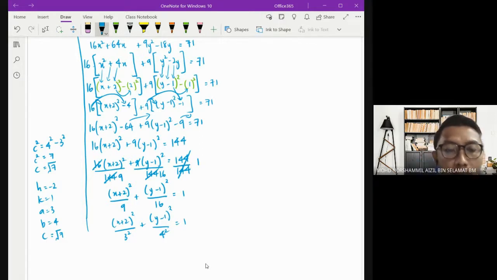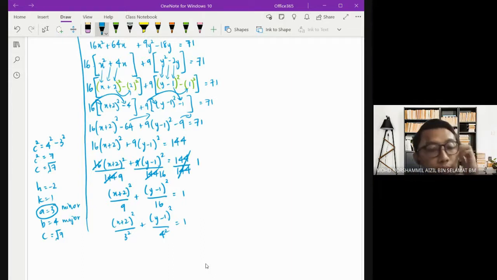Alright guys. Which part is the minor part? Yang mana minor? A is minor kan? Betul? This one major kan? So sleeping ellipse or standing ellipse? Which one? Ellipse yang baring ke? Ellipse yang berdiri ke?